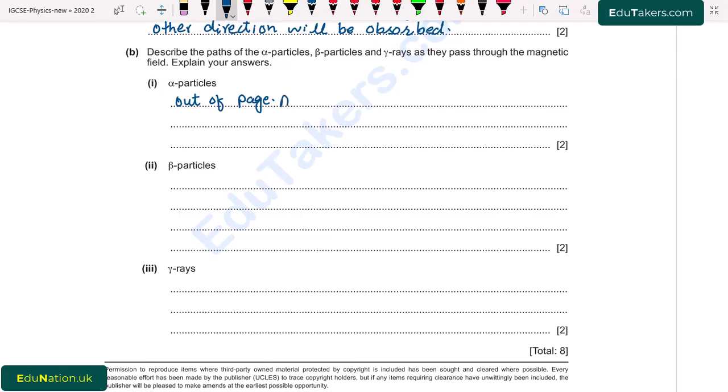And according to Fleming left-hand rule, the current is moving out of page.